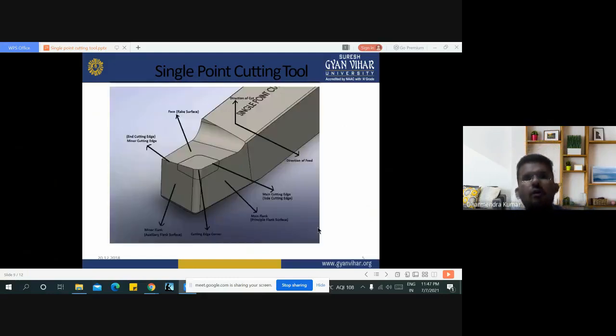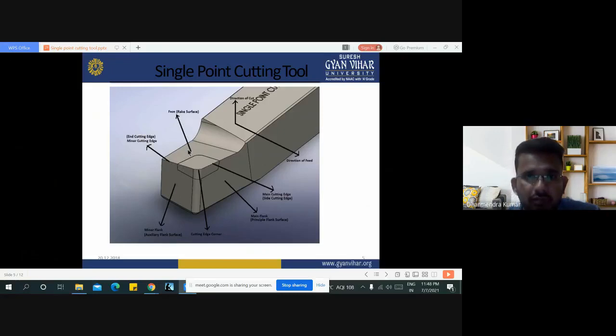This is the overall geometry of a single point cutting tool. This overall part is called the face. Here you can see the cutting edge corner or nose radius. Here is the end cutting edge, and here is known as the side cutting edge. This is known as the flank, main flank or principal flank. This is known as the minor flank, just below the minor cutting edge or end cutting edge.